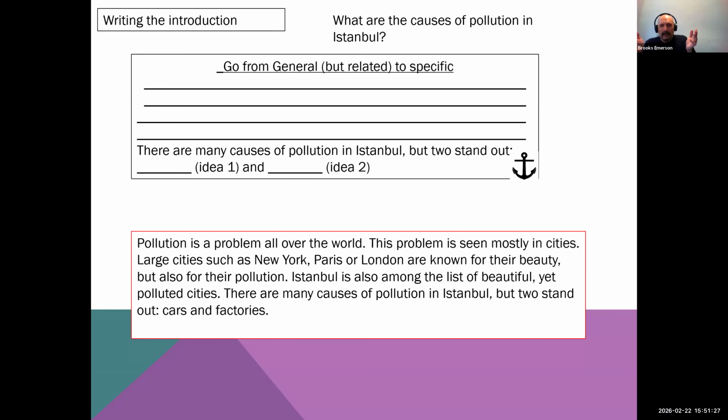So again, I went from all over the world to cities, to specific cities, and now I'm going to the city I'm talking about. "Istanbul is also among the list of beautiful yet polluted cities." And then my thesis statement and two controlling ideas: "There are many causes of pollution in Istanbul, but two stand out, cars and factories."